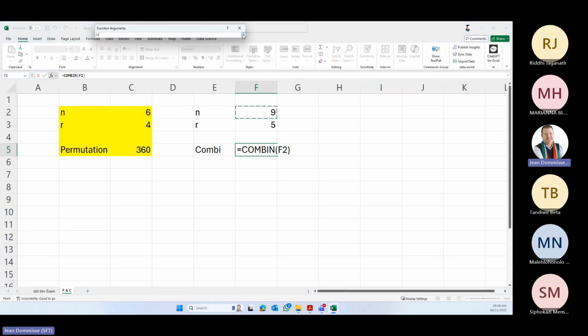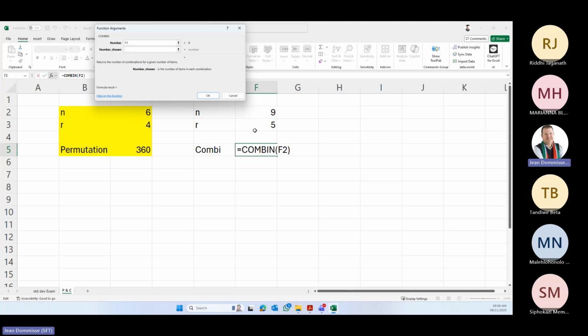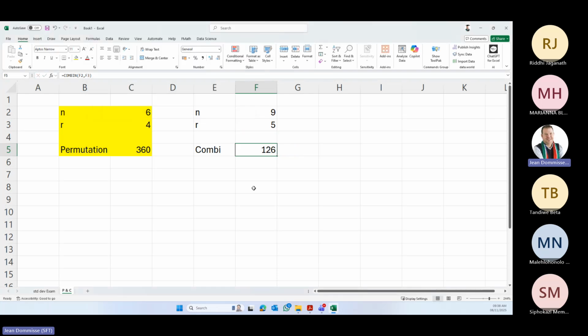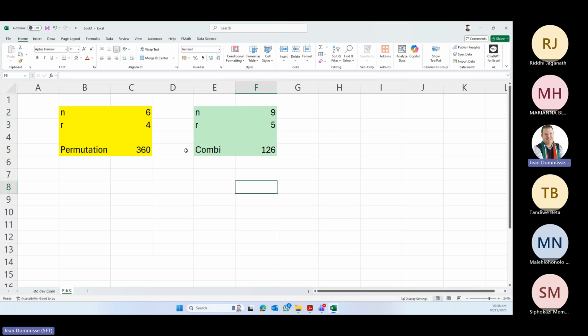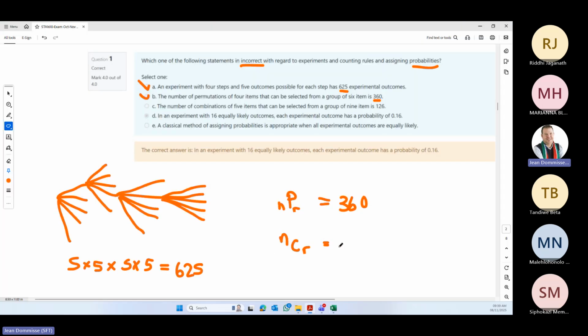The number there, the chosen one is 5. And then for combination, we get 126. Okay, so again, permutation, combination, if you want to use Excel, but on the calculator, that is also how it is written. Okay, cool.